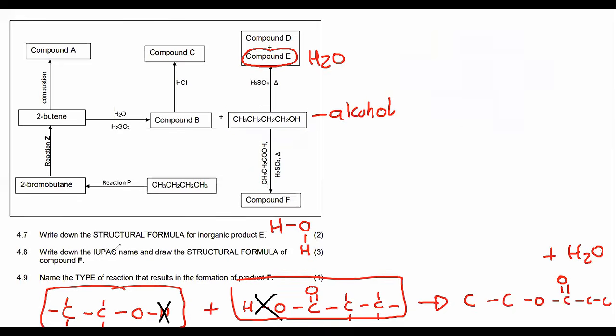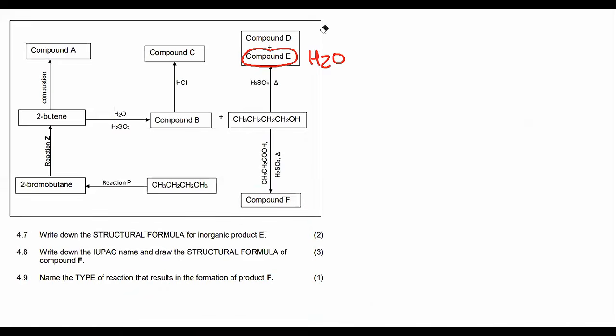So they say, write down the IUPAC name and draw the structural formula of compound F. Okay, so they want to know what the product is going to look like. So to do that, we are going to have to draw the alcohol. So let's draw the alcohol.